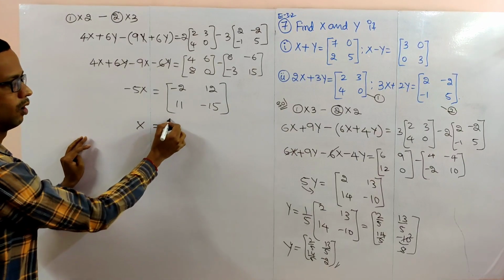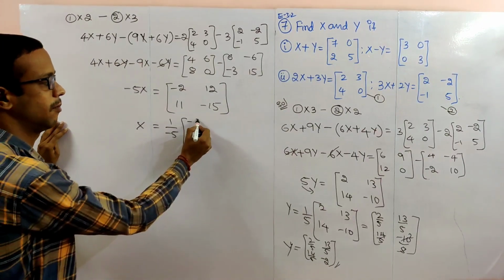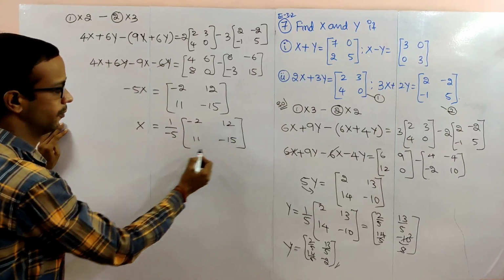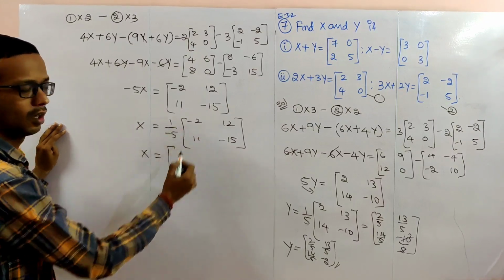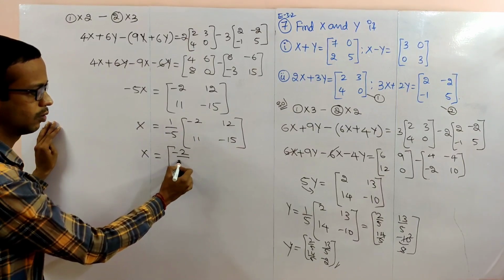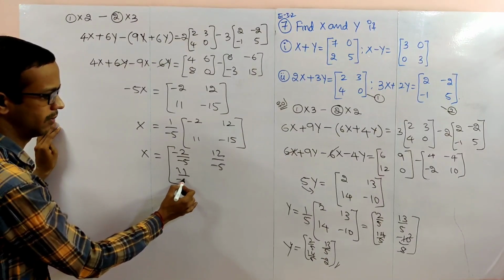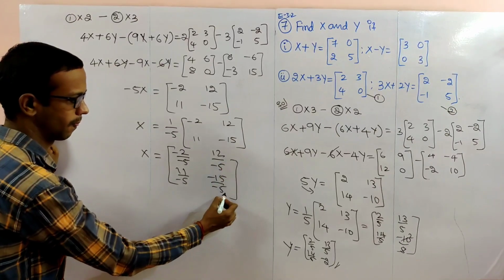So x is equal to 1 by minus 5 times the same matrix, minus 2, 12, 11, minus 15. Just multiply inside: minus 2 by minus 5, 12 by minus 5, 11 by minus 5, minus 15 by minus 5.